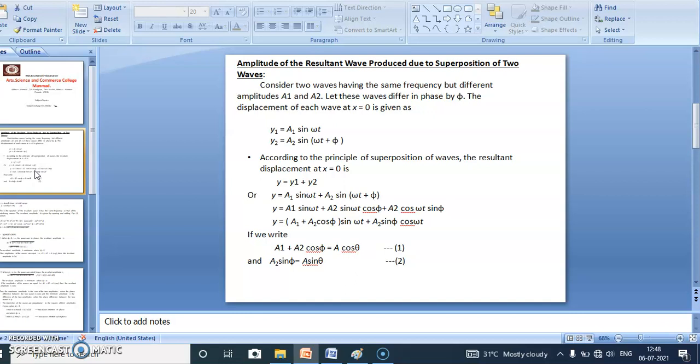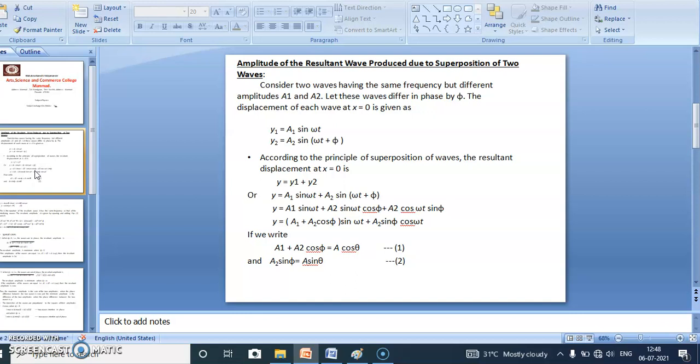Then this equation becomes y = a1 sin omega t + a2 sin omega t cos phi + a2 cos omega t sin phi. In this equation we take the common term sin omega t: y = sin omega t (a1 + a2 cos phi) + a2 sin phi cos omega t.